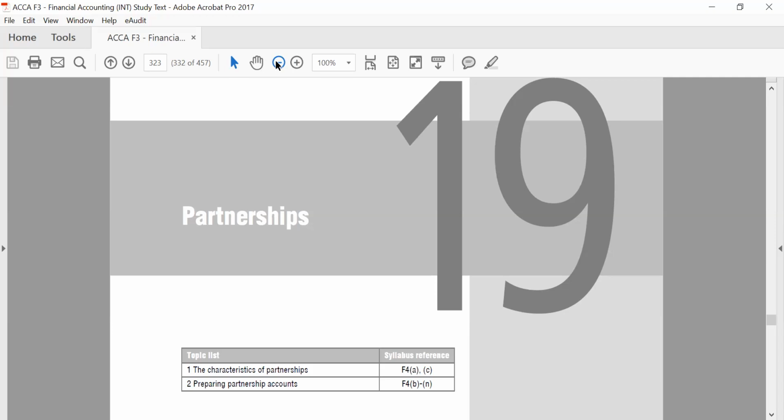Partnerships also come as a form of business entity. And here the keyword is partners. More than one person come together and act as partners. They share profits as well as they share the risks in starting a business.